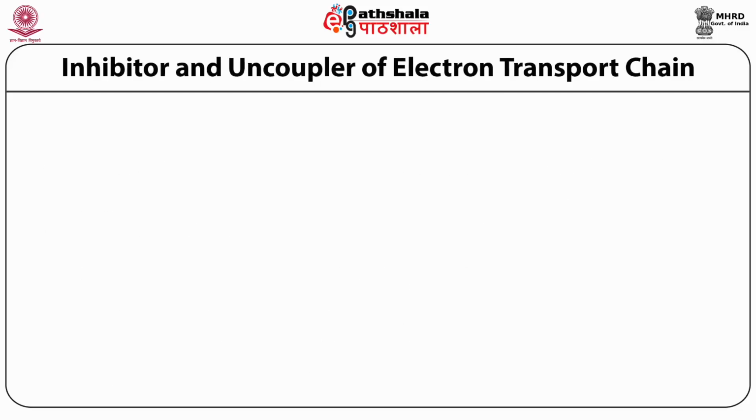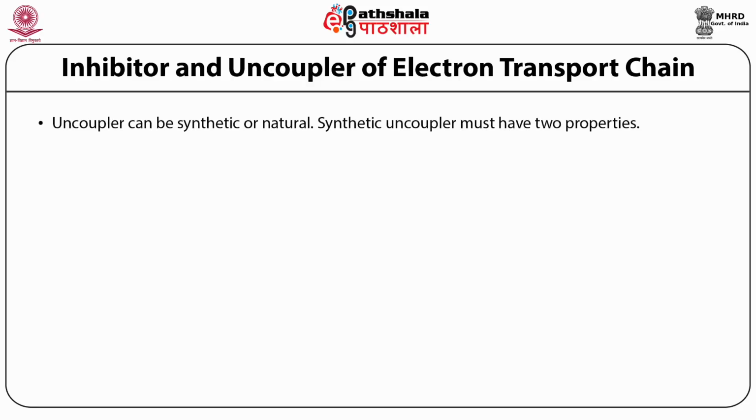You know that uncoupler uncouples electron transfer and ATP synthesis. Uncouplers can be synthetic or natural. But if you're talking about the properties of uncoupler, it is important to have at least two properties.